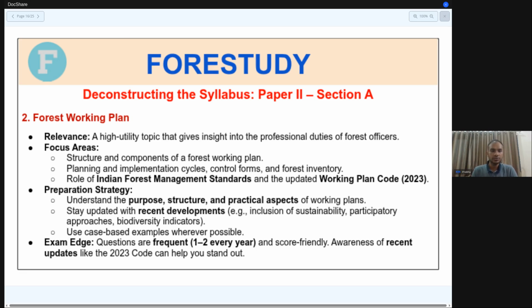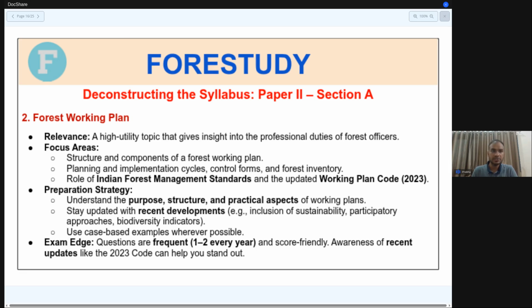Make concise, crisp notes, and also add the updates, like the National Working Plan Code has been amended recently, and additionally the Indian Forest Management Standards have also been updated. If you include those points in your answers, it will give the fair idea that this person is aware of all these concepts. So, short and crisp notes on the topics and going through the PYQs is the key in this chapter.